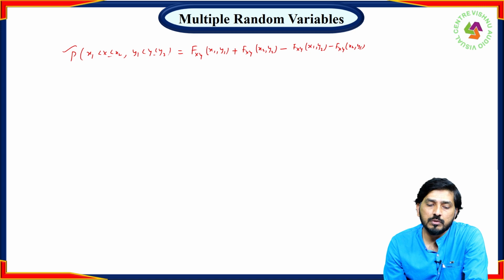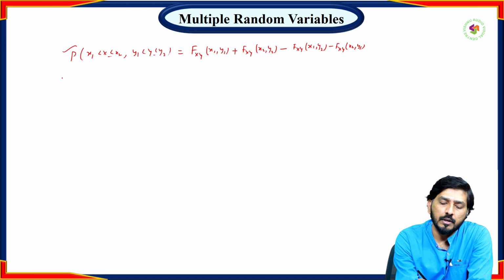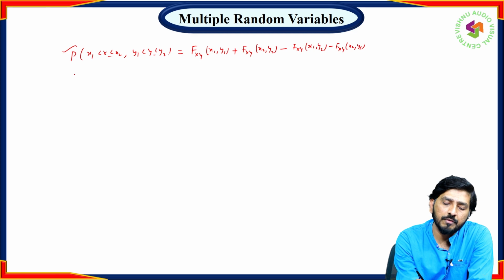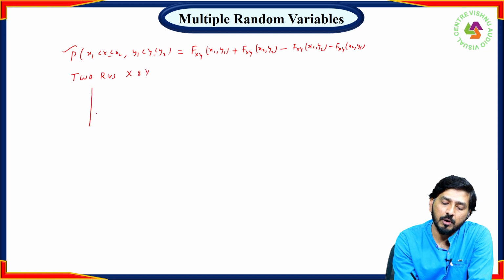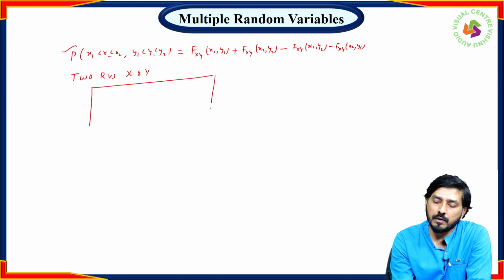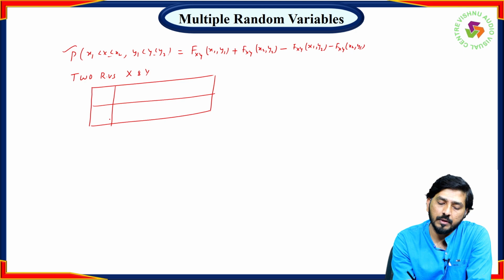So using these properties, we will see one very important problem. The problem is like this. You have two random variables x and y, and their corresponding probabilities are given in the table.